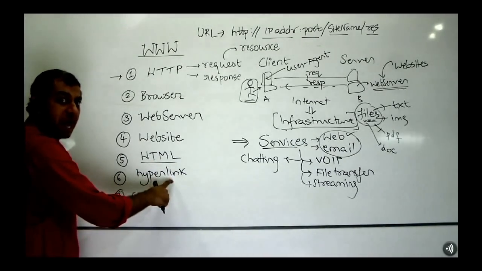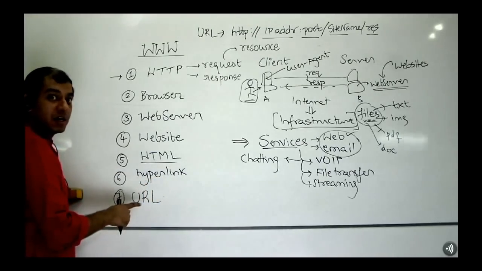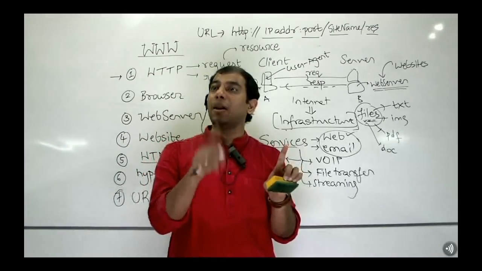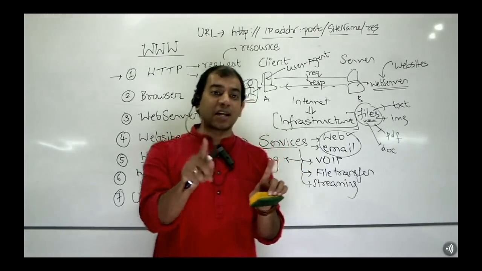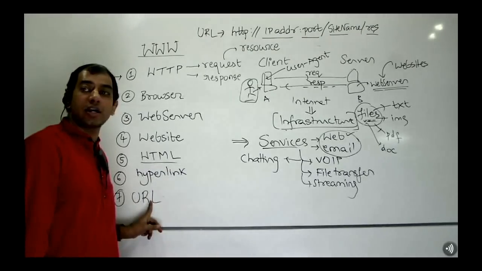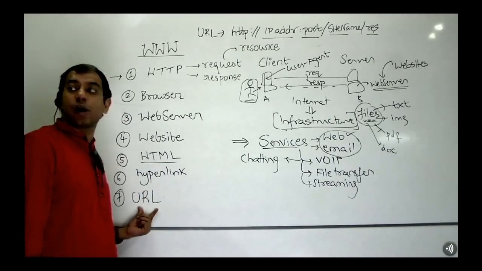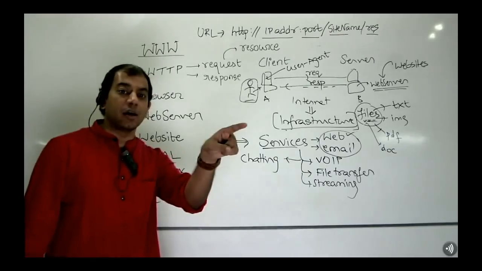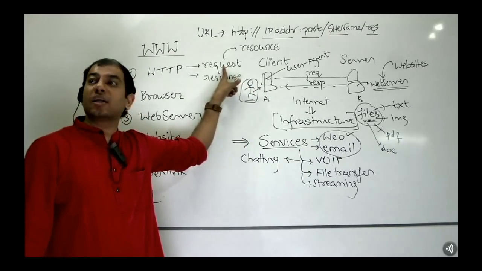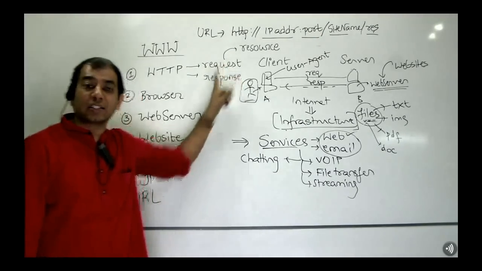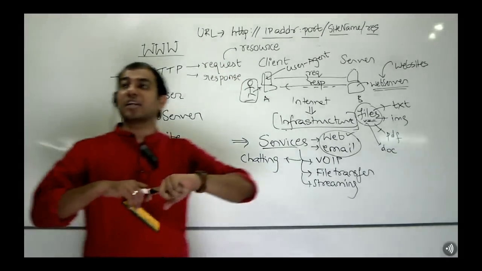And what is a hyperlink now? A hyperlink gives the user the ability to click on a clickable link, and when you click on this link, what is requested is a resource via the URL. So every hyperlink is connected to a URL. When you click it, the browser converts that click action of the user into an HTTP request to the URL which the hyperlink is associated with.